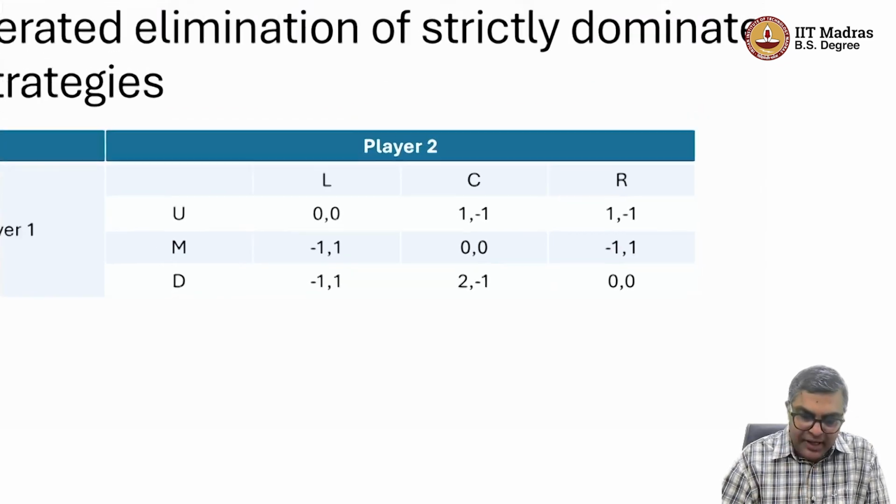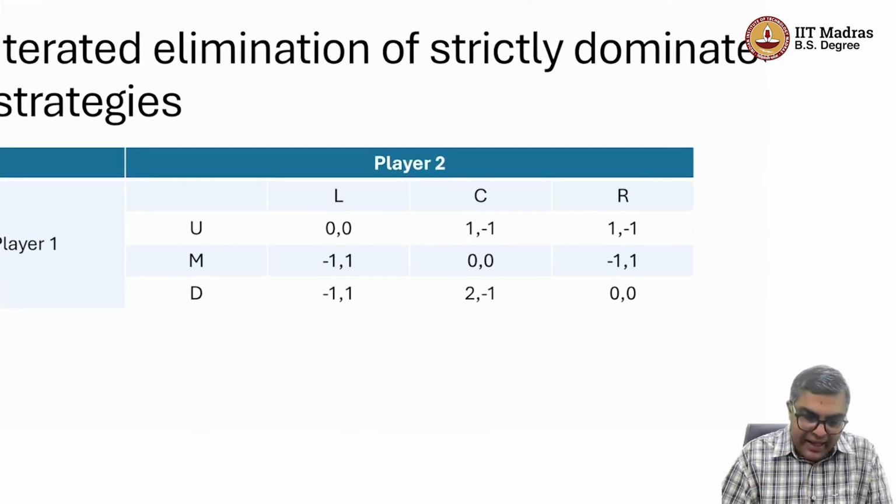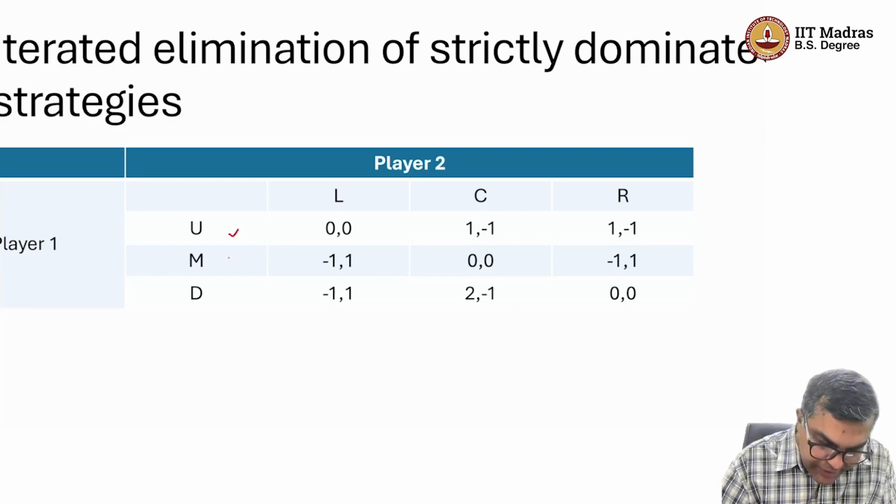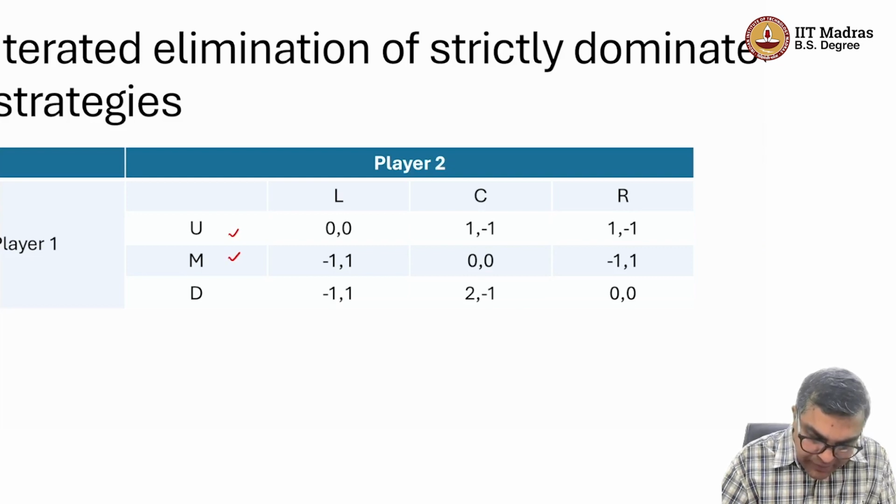We have two players. Player 1 has U, M, D, three actions available, and player 2 has three actions available, L, C, R. Let us check whether one of the actions is dominant or not. Let us check first U and M. When player 2 is playing L, U gives 0, M gives -1, so U is better.